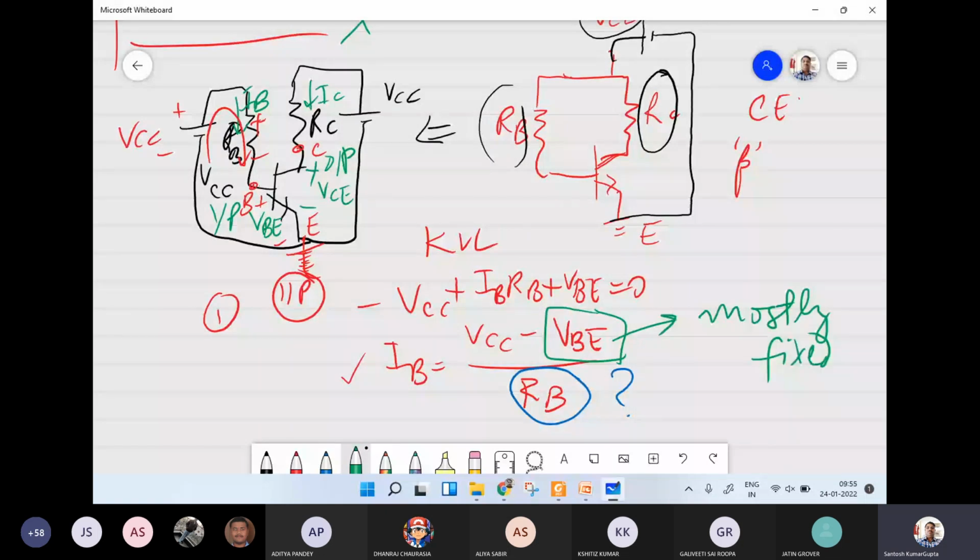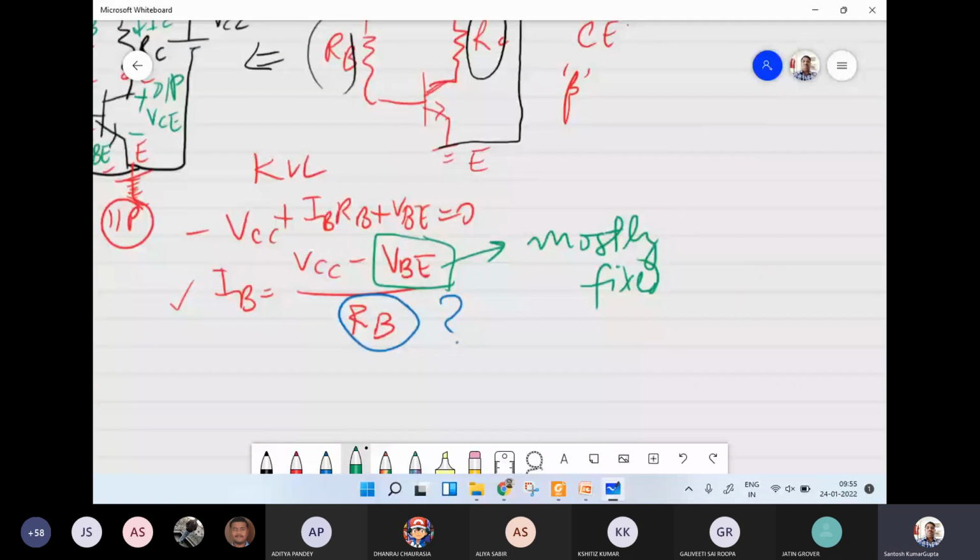Already in tabular form, in some of the lectures we have seen that for silicon in the active region, the VBE is around 0.7 or 0.8 volt.